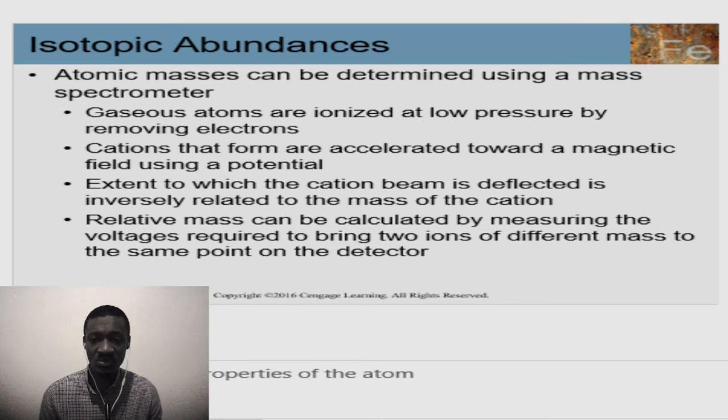Remember, we talked about what isotopes are, and now we're looking at isotopic abundance. We say that isotopes are a situation where you have 2 elements having the same atomic number but different mass numbers, having the same number of protons but a different number of neutrons.